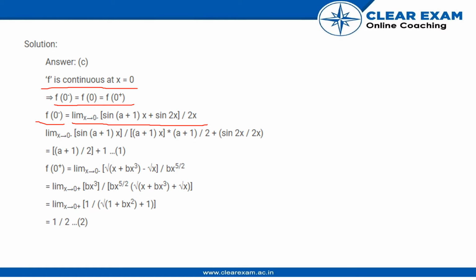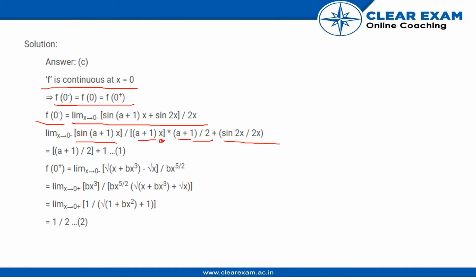What we can do is separate the denominator between the two terms. We get sin(2x) by 2x as the second term, and the first term becomes sin((a+1)x) divided by, we multiply and divide by a plus 1, so we get (a+1)x and (a+1) upon 2, because we had 2x before, so the constant 2 will be multiplied to the constant a plus 1.